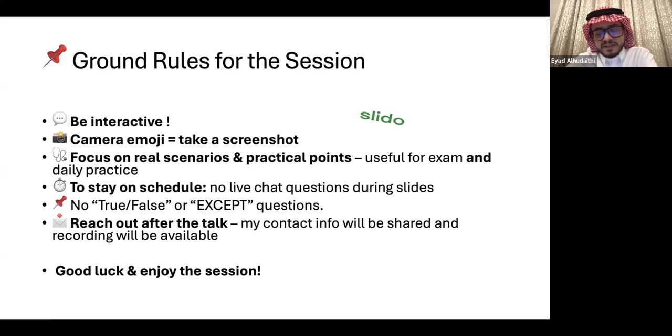I try to make my questions real scenarios and practical points. It could be useful in the exam and in daily practice. We are trying to stay on schedule. We don't have much time, and IBD is a big topic. So I guess there is no live chat question during the slides, but feel free to reach out to me afterward.